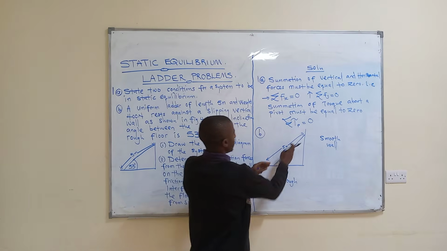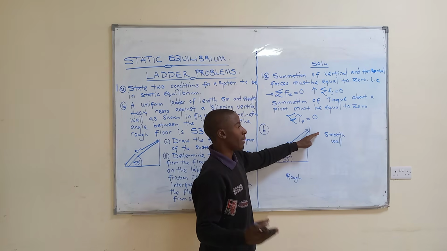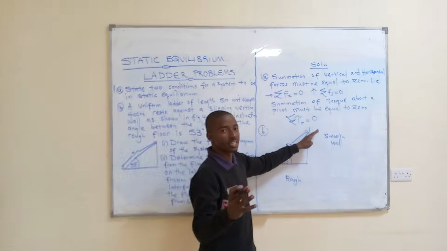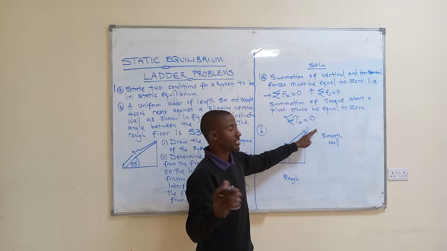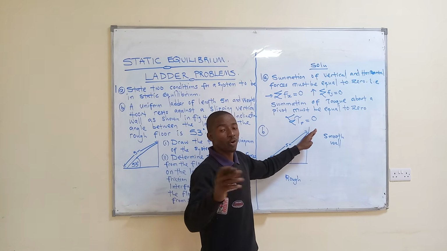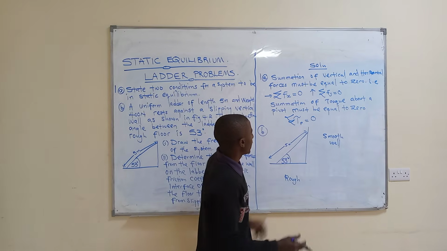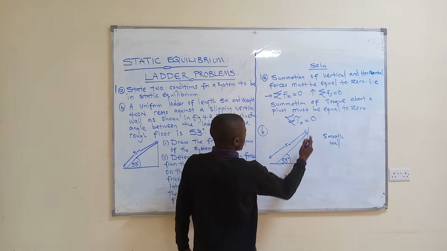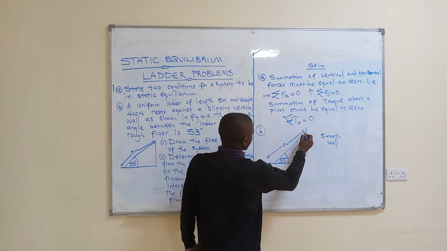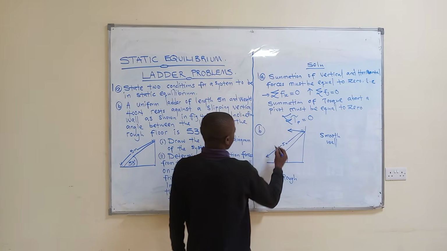If this ladder hits the vertical wall, we are going to abide by Newton's third law, which says that for every action there must be an equal and opposite reaction. If this ladder hits the wall, the wall is going to produce an opposite force which must point toward this way horizontally.